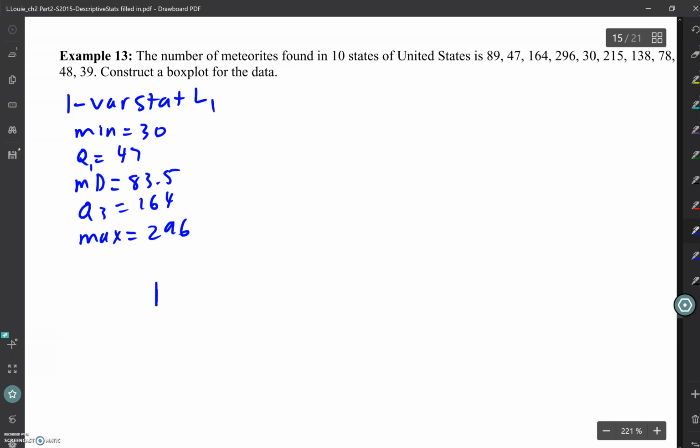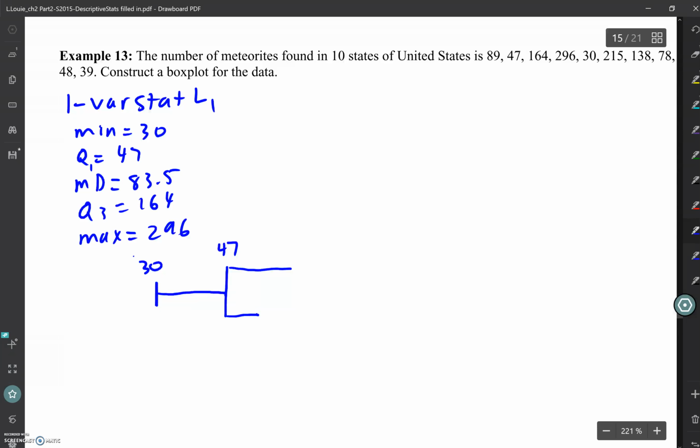I want to start at my min, and I'm going to put a vertical line and have my 30. Then I'm going to go over till about the distance I think 47 is, and that's where our box starts.